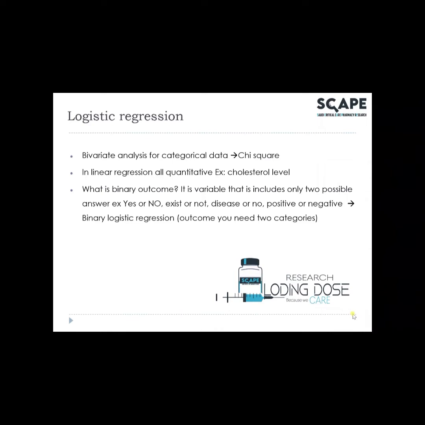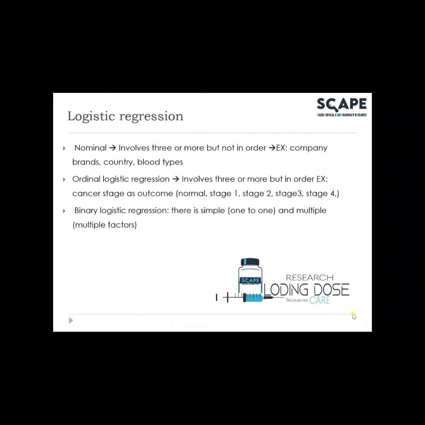So this is binary logistic regression. That means my outcome considers only two categories. Nominal involves three or more categories, but not in order, for example company, brand, country, blood type.